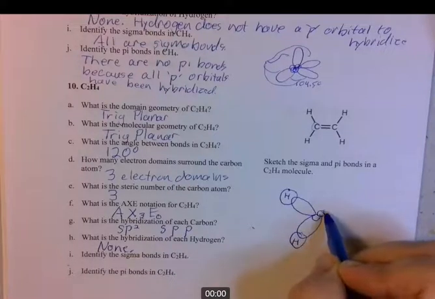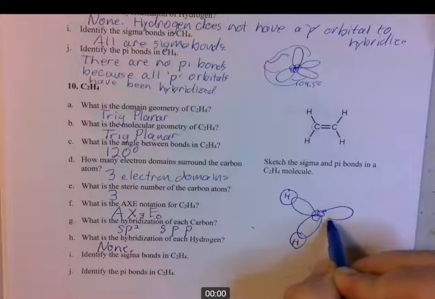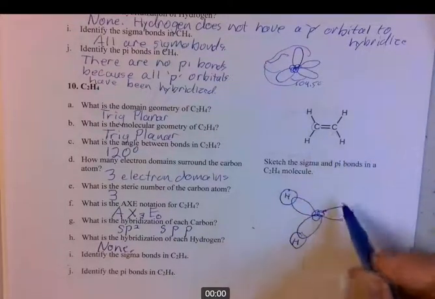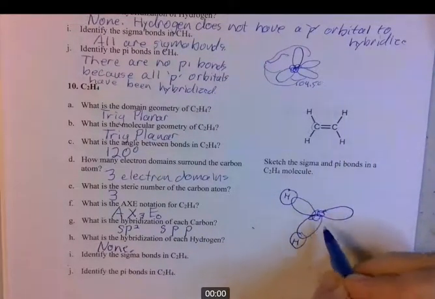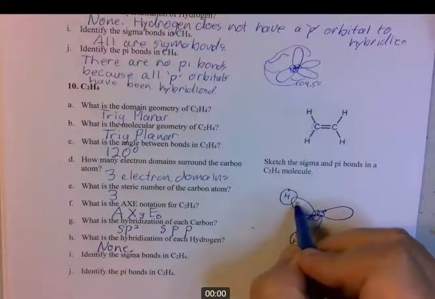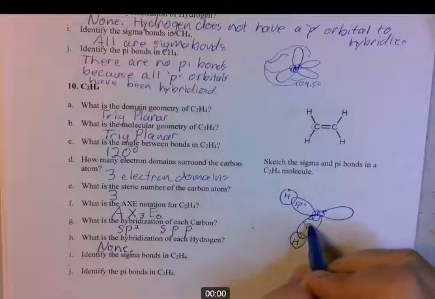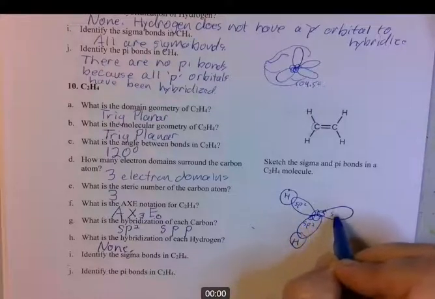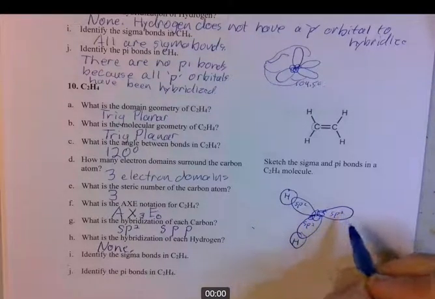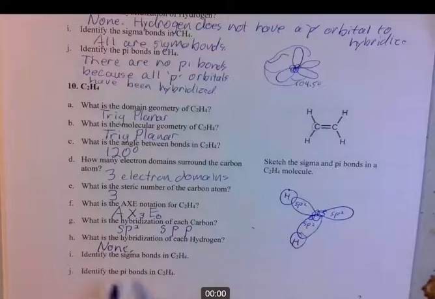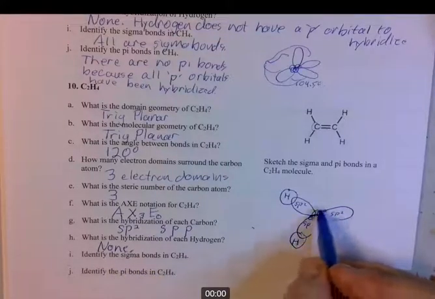And then there's one going this way, like that, bonding with this other carbon over here, and it's got its little bowling pin. So this is an sp2, this is an sp2, and this is an sp2. And there we go. So the sigma bonds are these 3 right here.